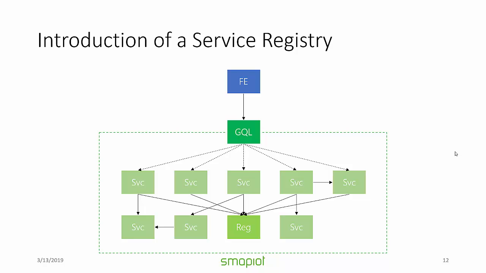As a consequence, our gateway does not need to know which services are available and could only go against this service registry, which is there to collect only the available services, and of course their structure and available resources from these structures.